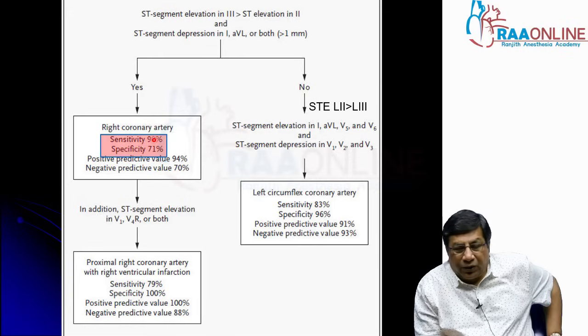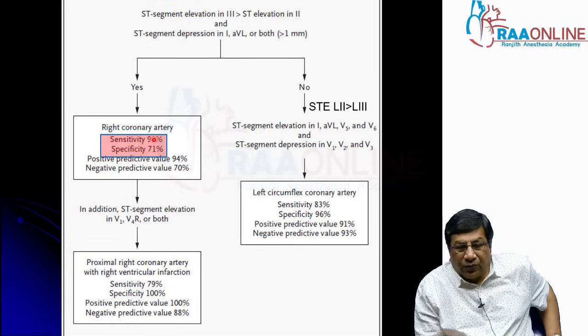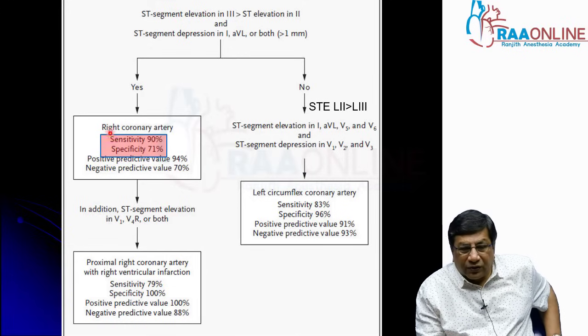This L3 more than L2, sensitivity and specificity are high. So having diagnosed a right coronary lesion, if V4r is going to show ST elevation, diagnosing a proximal right coronary lesion once again will have a very high sensitivity and specificity.